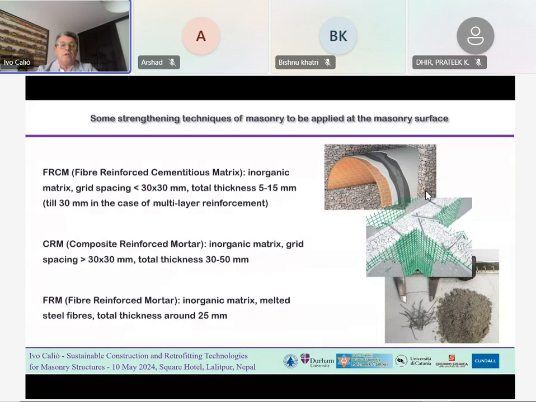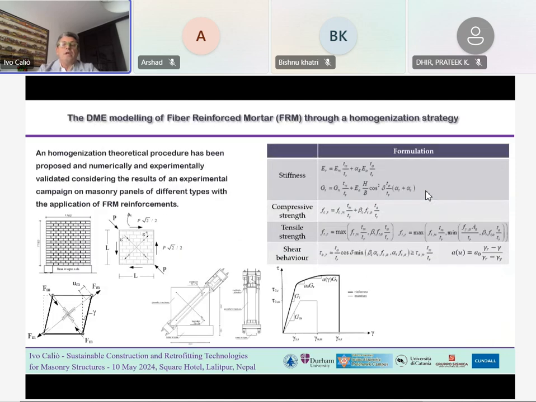We also considered composite reinforced mortar for modeling the spread reinforcement through webs that can be glass webs in masonry buildings. And also we considered the fiber reinforced mortar for modeling the application of fiber mortar for improving the structural behavior of historical masonry structures.